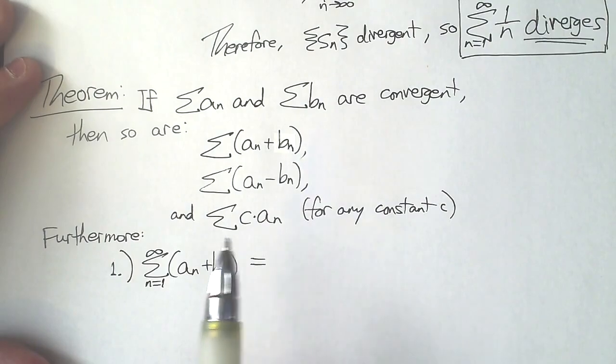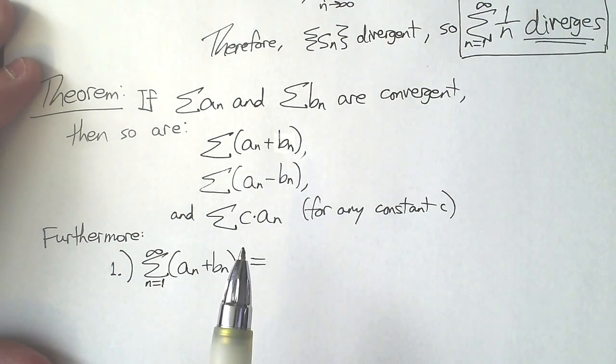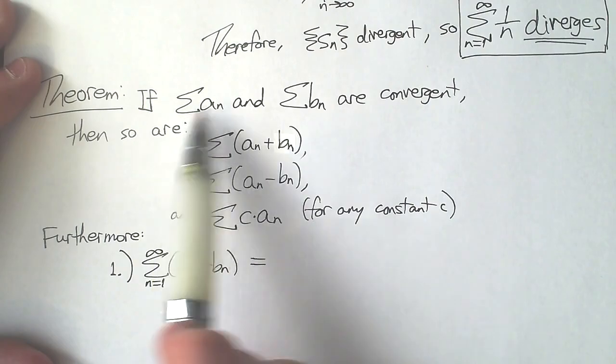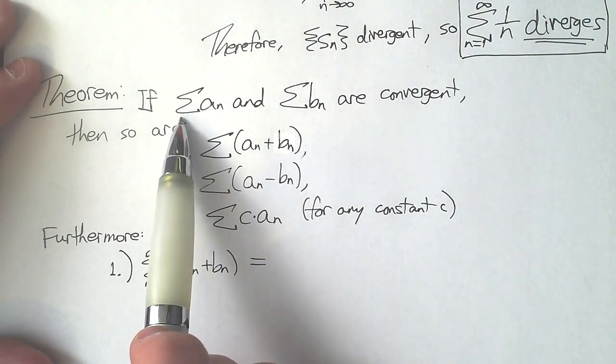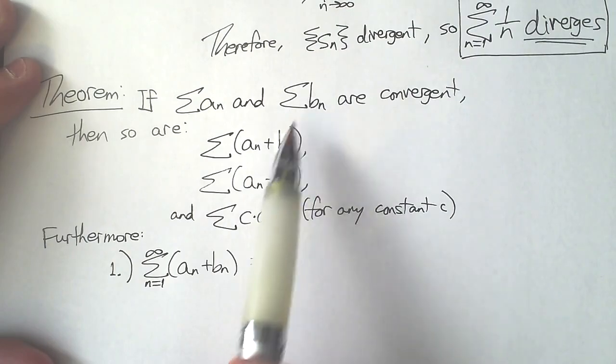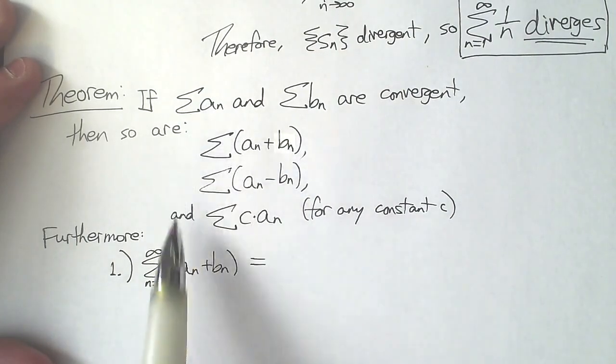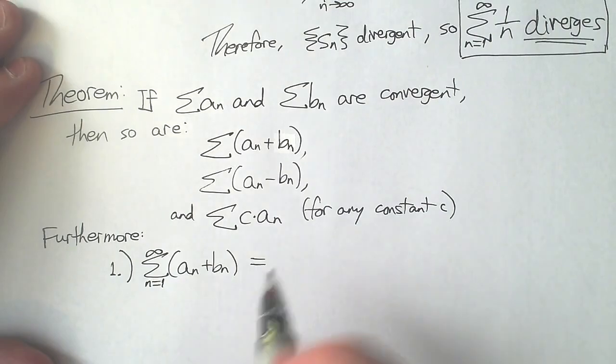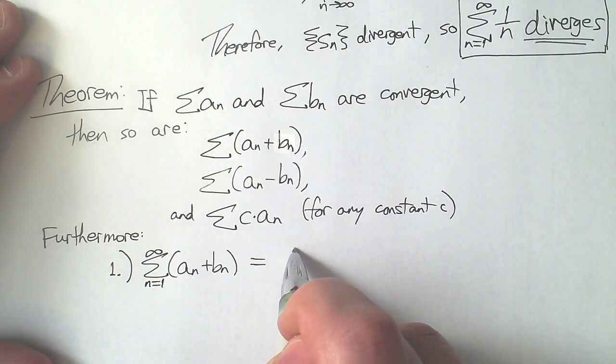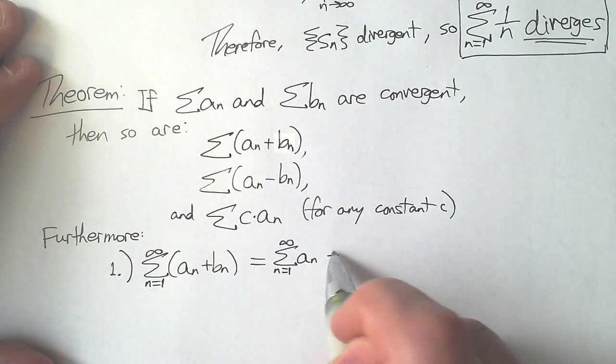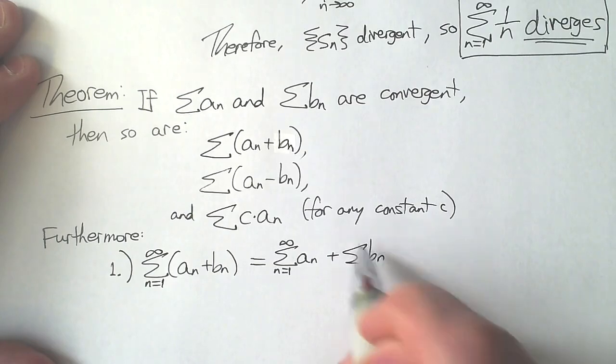By the way, when we first talked about series, I believe we said this, but sometimes when talking about series, we leave off the n equals 1 and the infinity. They're sort of implied if we don't write them, but I'll write them here. This adds up to the first series plus the second one.